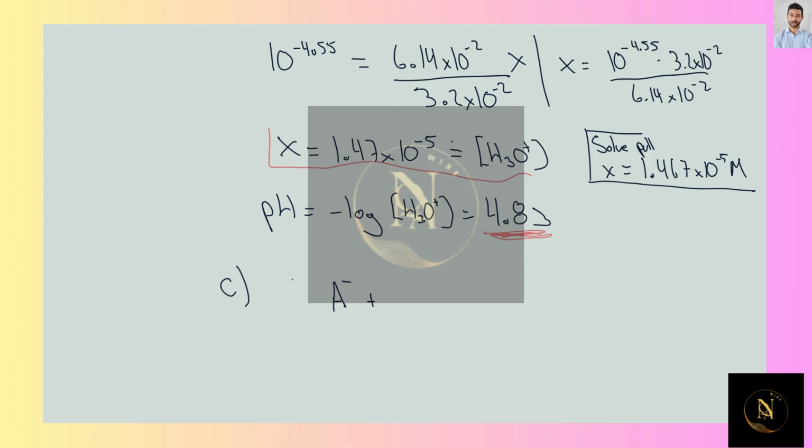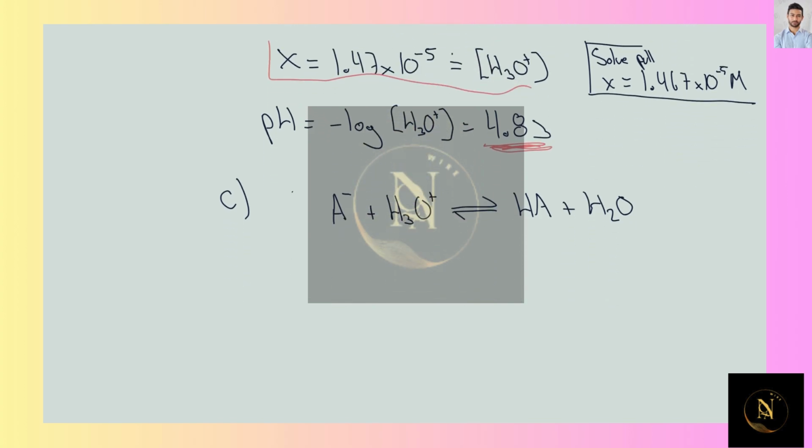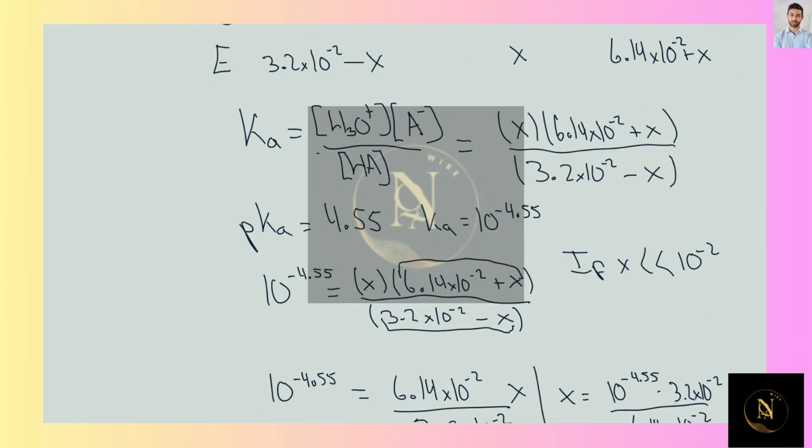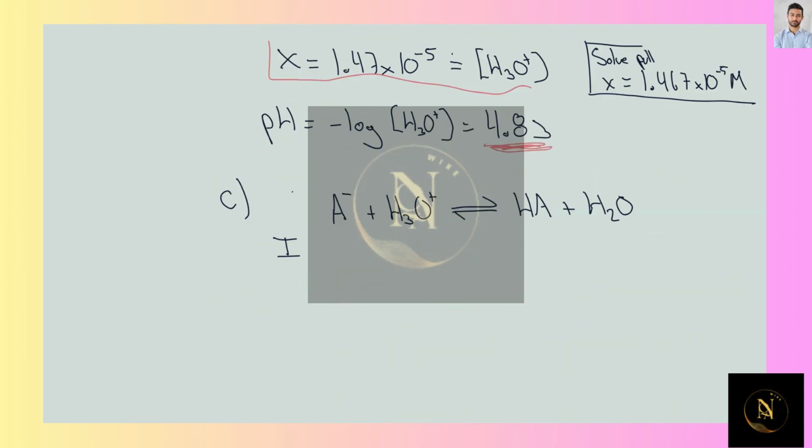A minus plus H3O plus coming from the acid is going to generate HA plus H2O, right? So at the initial point, we said that we had 3.27 times 10 to the minus 3 mole, but in this case, it really doesn't matter that much. We're going to see why.